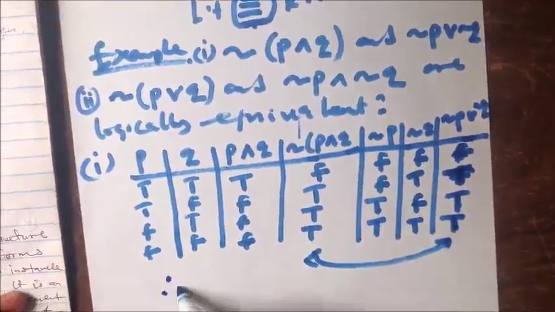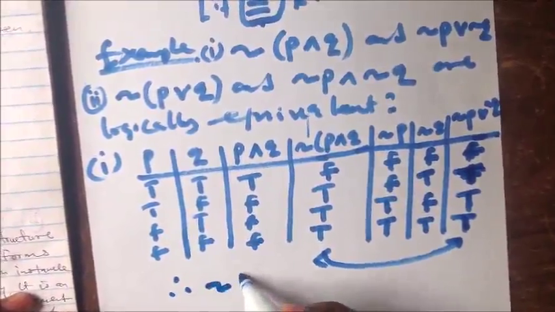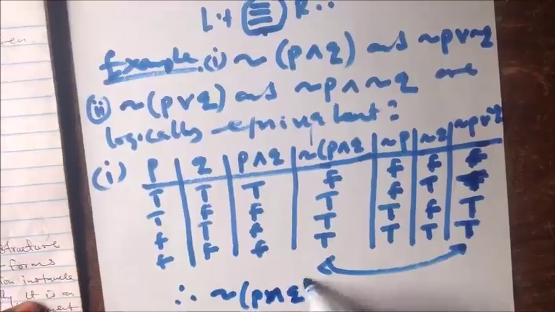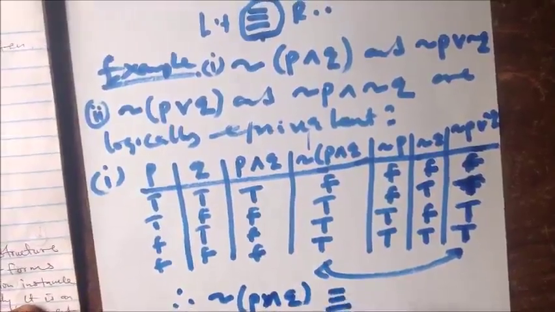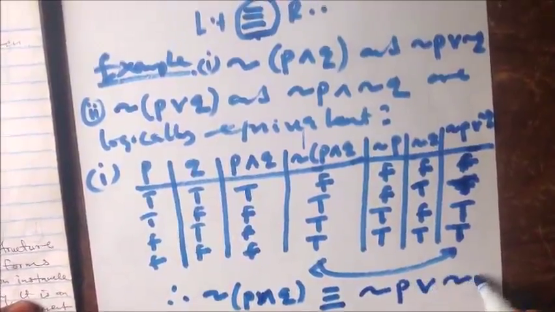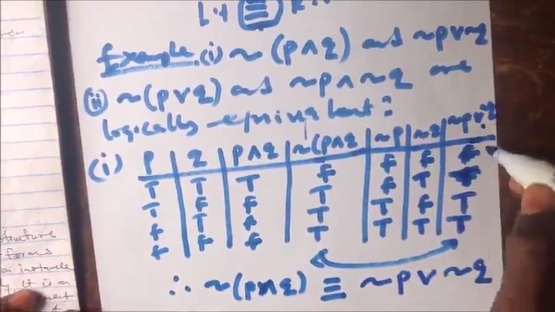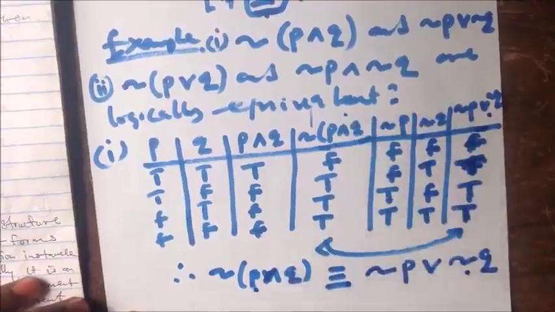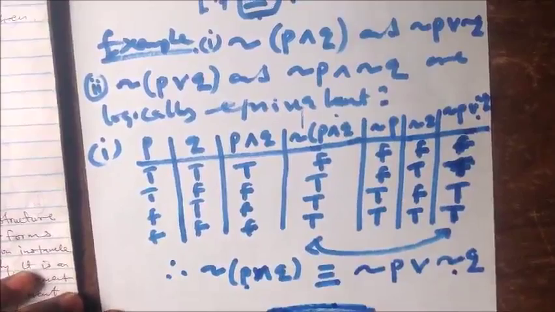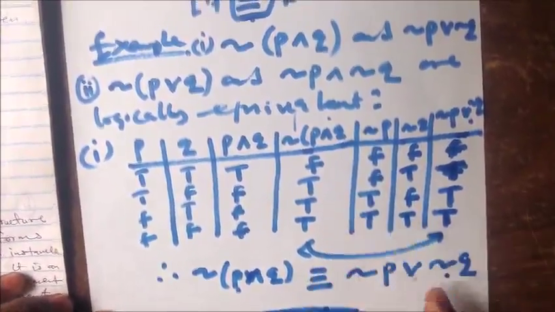You can say therefore that the negation of P and Q is logically equivalent to the negation of P or negation of Q. This is the way we prove logical equivalence using a truth table.